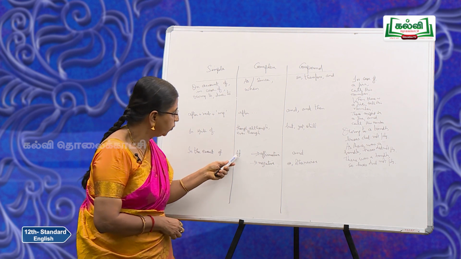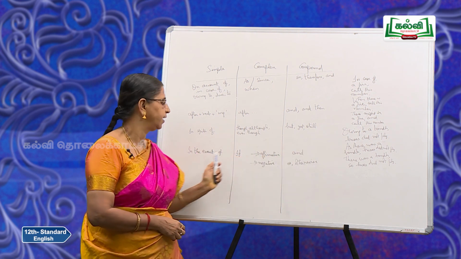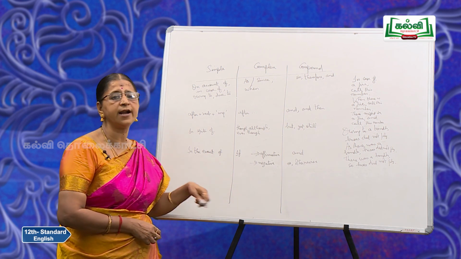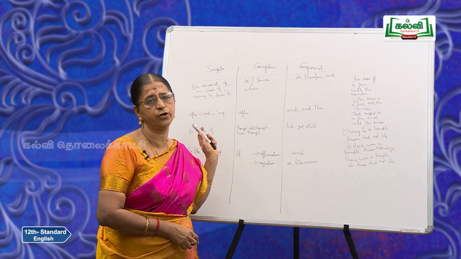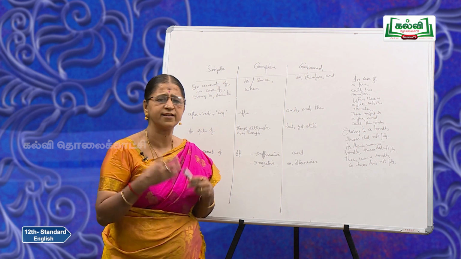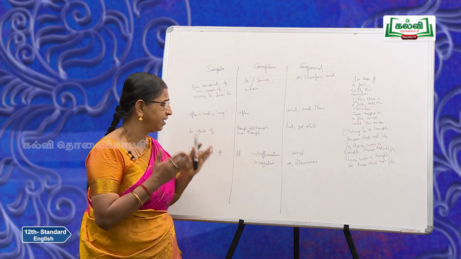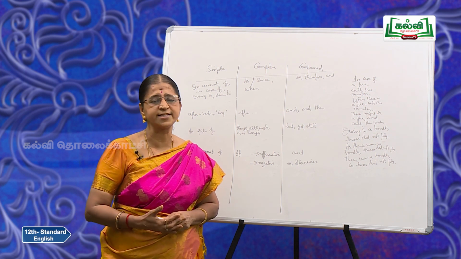Then, if you work hard, you will pass. Work hard and you will pass. So, simple, complex and compound. Using these terms and clues, you should be able to transform the sentences very easily and very effectively. So, please learn all these and I will give you more sample sentences.